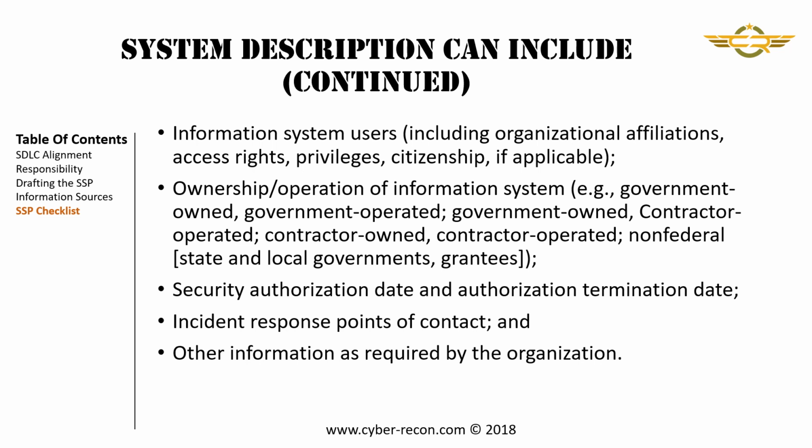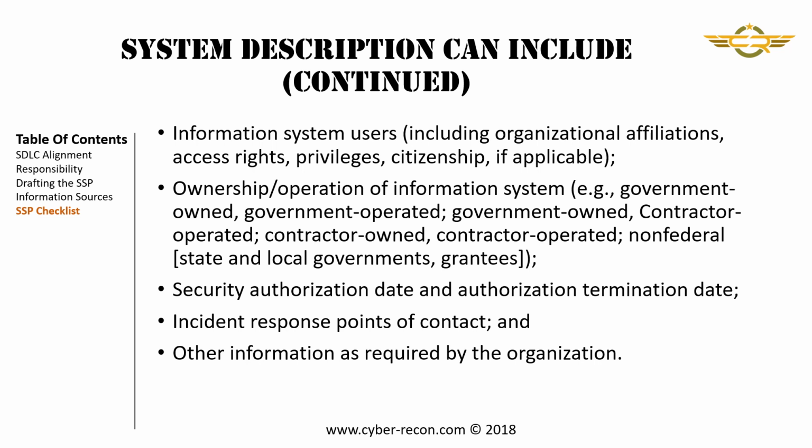800-18 finalizes its list by asking for information system users that will be using or be supported by the information system, defining ownership or operation of the information system, determining the security authorization date and the authorization termination date if one exists, and information about incident response points of contact, as well as other information that may be required by your organization.